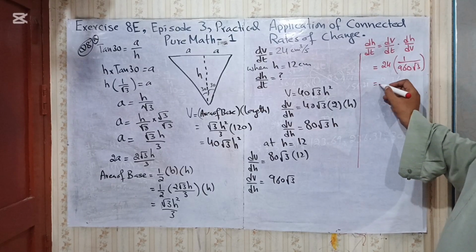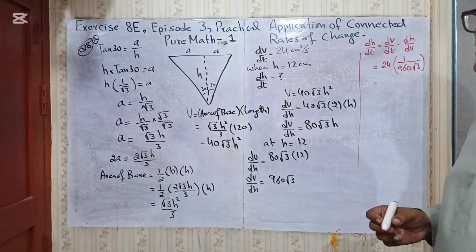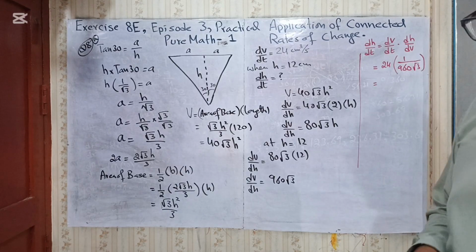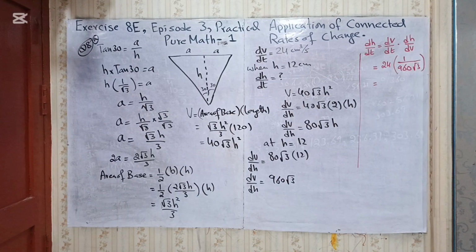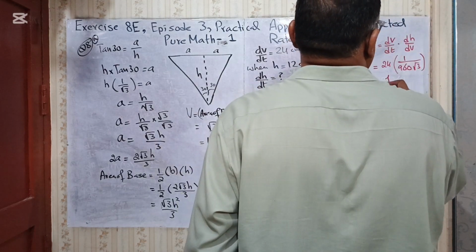Okay, so dV by dt is given, that's 24, and dH by dV is here, but this is dV by dH, so just reciprocate it. This will be equal to 960 and under root 3.